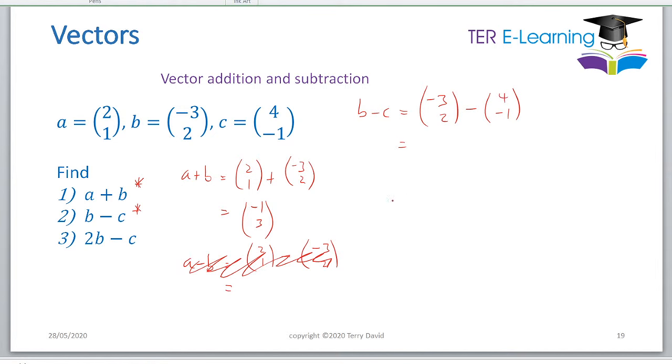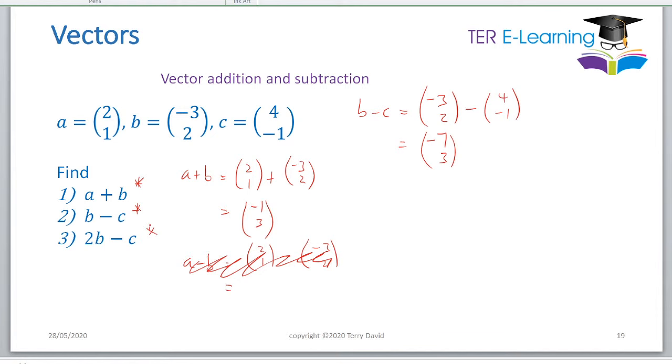So my bad there, right? So minus 3 minus 4 gives me minus 7, and 2 minus 1 is the same as saying 2 plus 1, so this is 3. So this answer here is minus 7, 3, right? So minus 7, 3. So that's the answer for question 2.